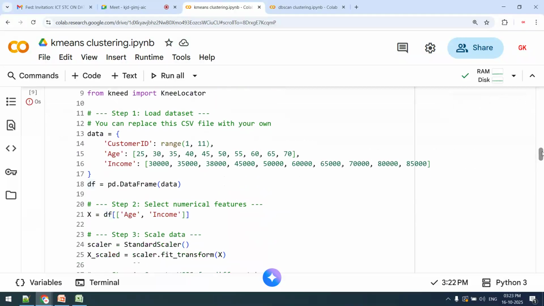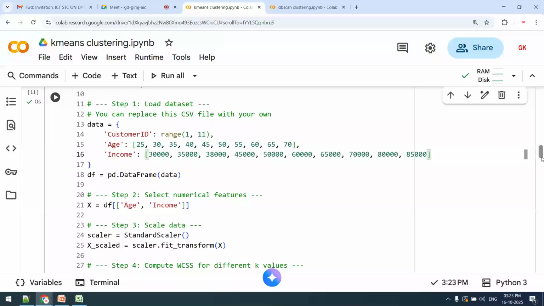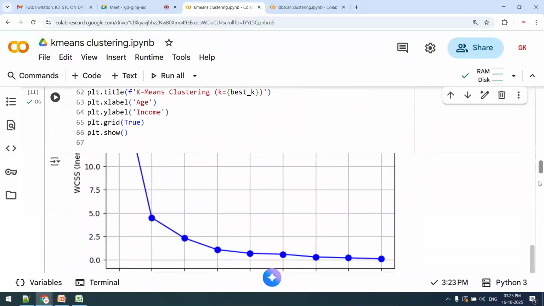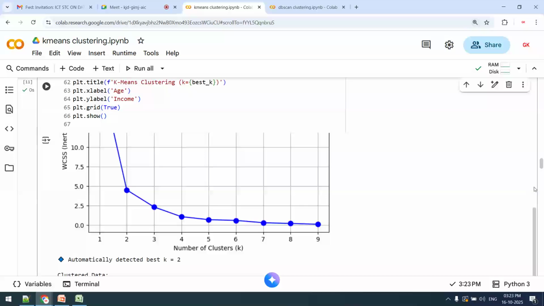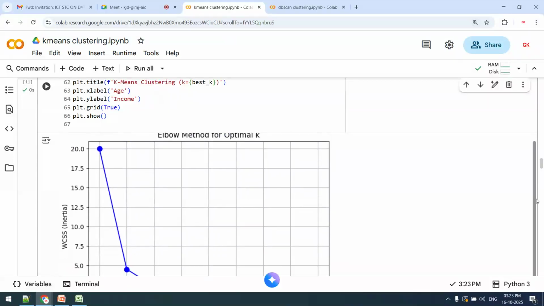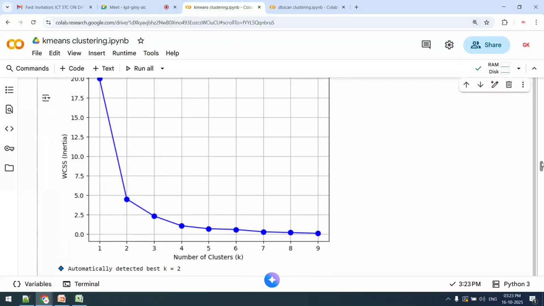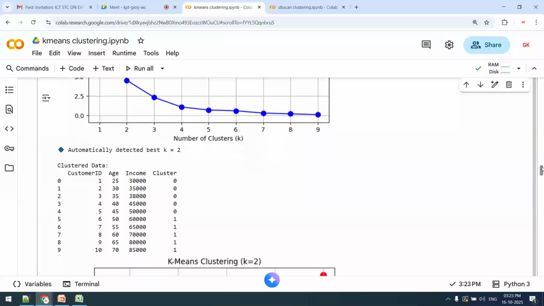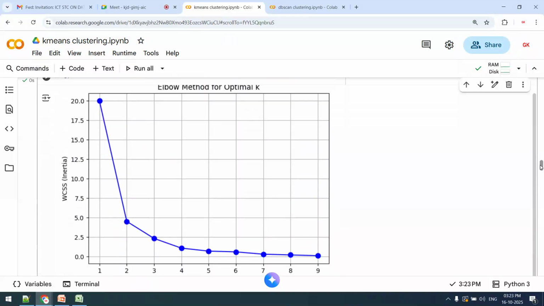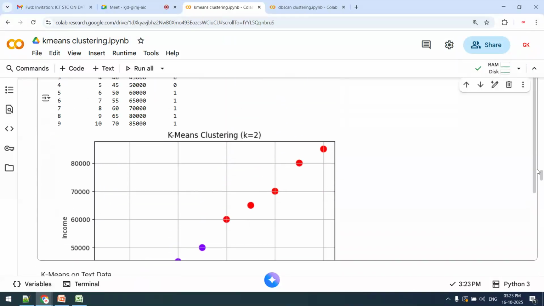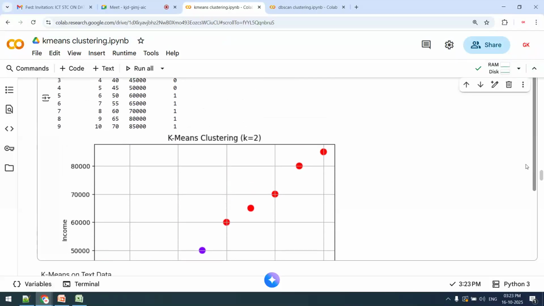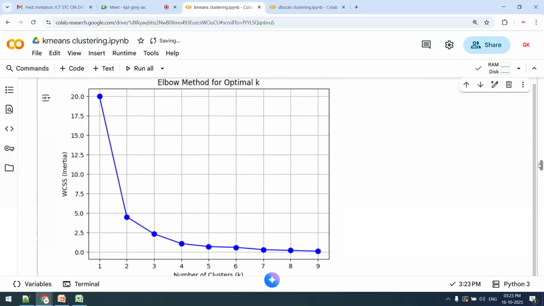Once kneed is installed, you can see that it has decided automatically the elbow method for optimal k, that two clusters can be formed, and these are the two clusters. These are the cluster formations.